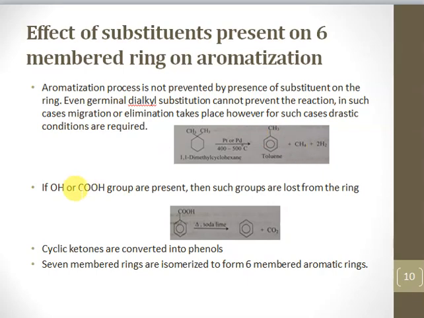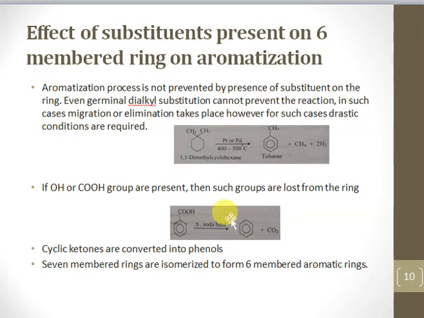So similarly, if we have a hydroxyl or carboxyl group present on the 6-membered ring, then what will happen is that initially the ring will aromatize and form benzoic acid, right? So this benzoic acid will be retained, and then you may remove this carboxylic acid by simply reacting with soda lime, right?